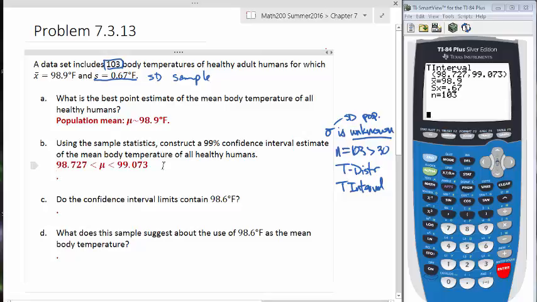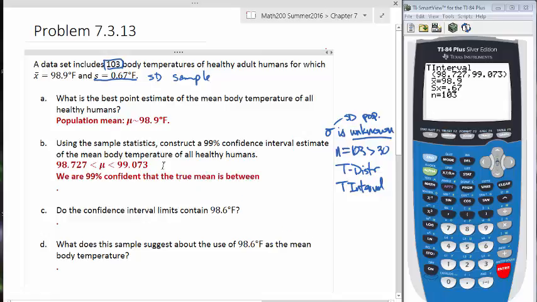We can use words to describe this. We'll start off by saying that we are 99% confident that the true mean is between, and then we'll type in those two numbers, 98.727 and 99.073. And we should include the degrees Fahrenheit here. So these are our limits, and here's our confidence interval.